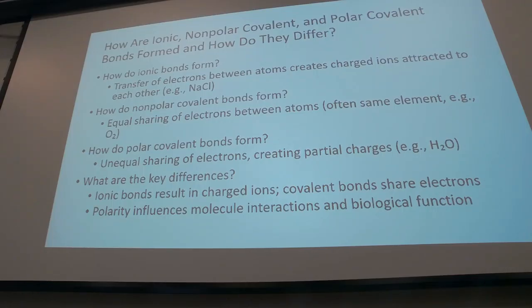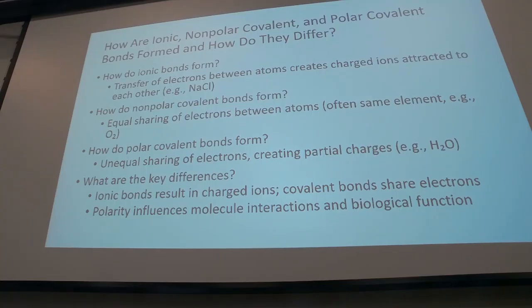So, in this case, the compound will be water. When you combine two hydrogens with one oxygen, because oxygen is larger than hydrogen, and because it has, of course, more protons in its nucleus than hydrogen, which only has one, the electrons tend to go more towards the side of oxygen, and then the oxygen will have a negative charge while the hydrogen has a positive charge.